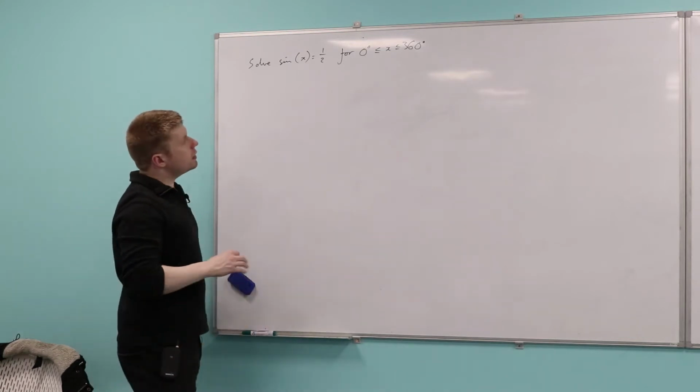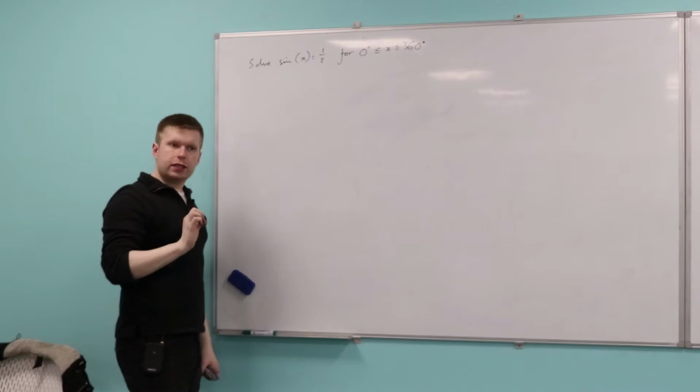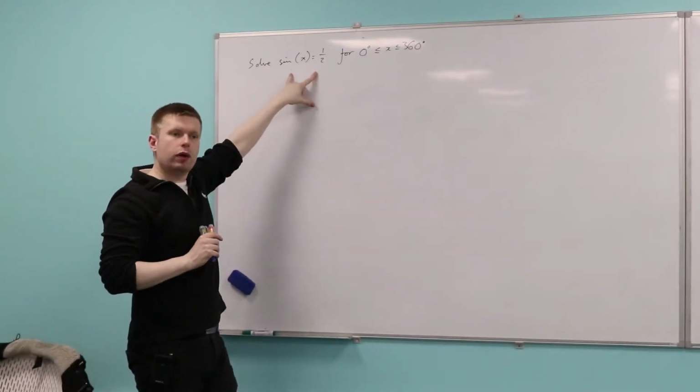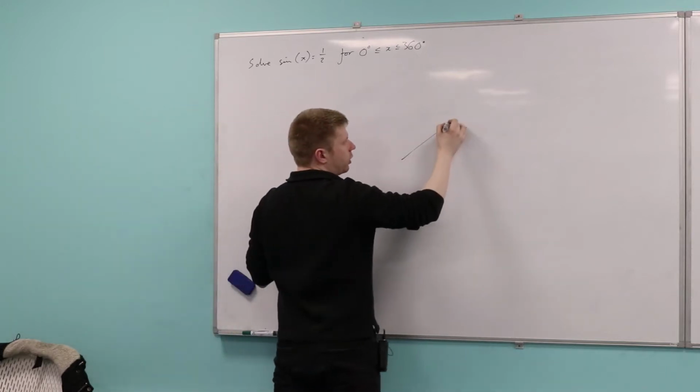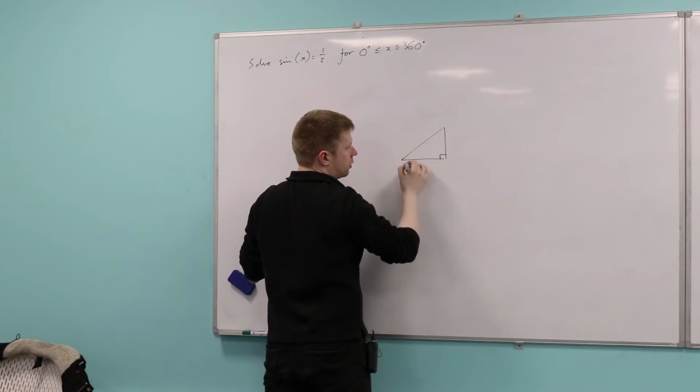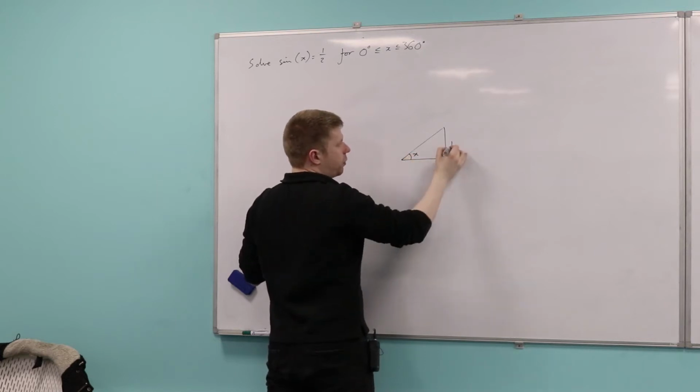You remember when we solved these types of questions before? When you're doing your right angle triangles, you may end up with a statement like this: sine of x equals 1/2. For example, if you had a triangle which looked like this, that might be x, that might be 1, that might be 2.